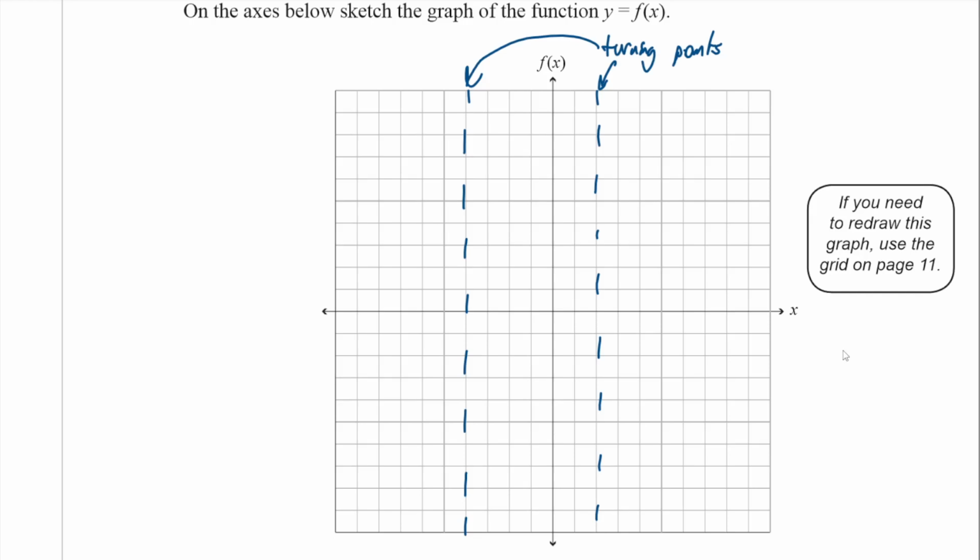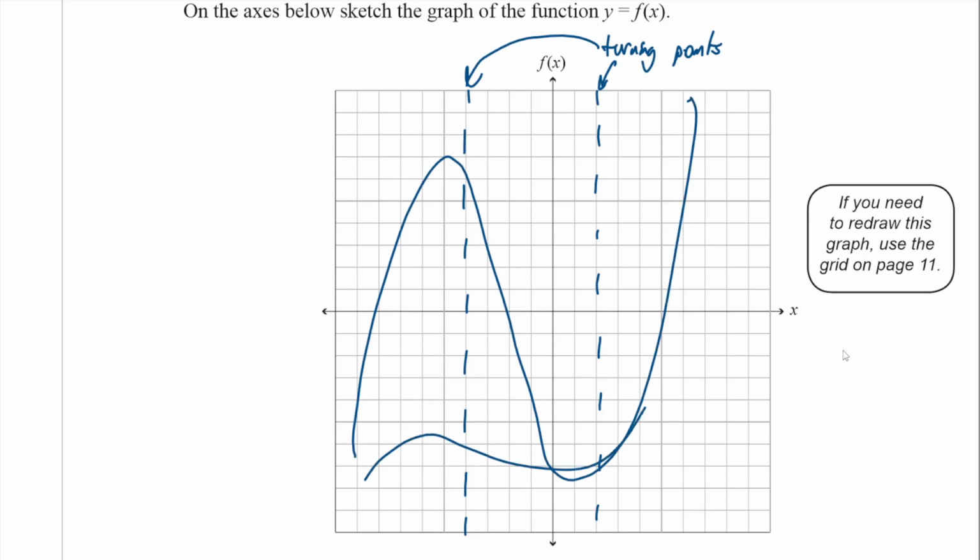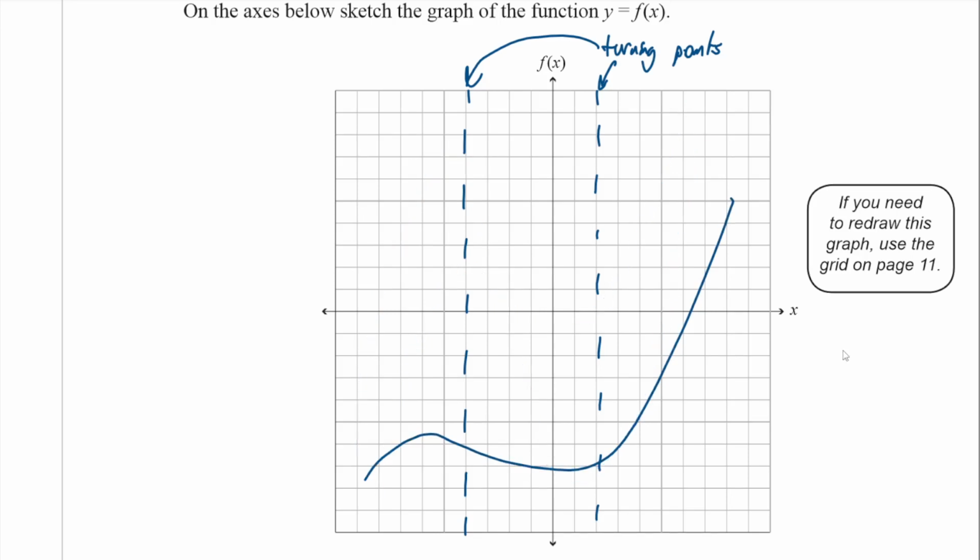Cool. I know that the shape is a positive cubic, so it could look like something like that, or it could look like that. Right, as long as the turning points are in line with those dashed lines, we're on the right track.